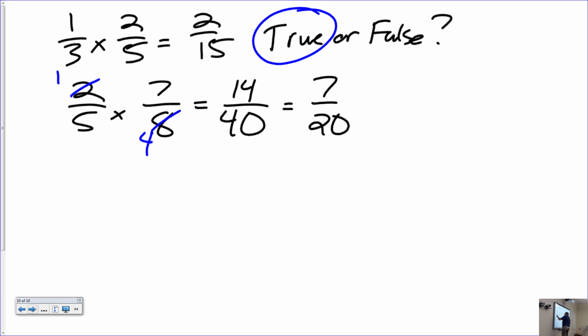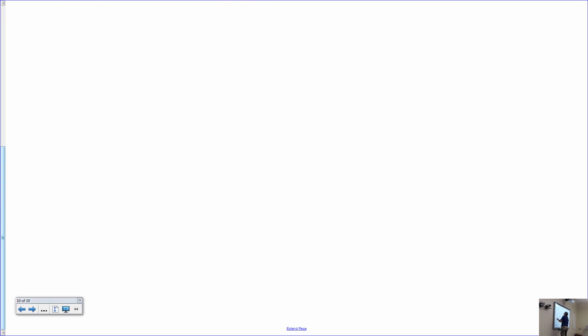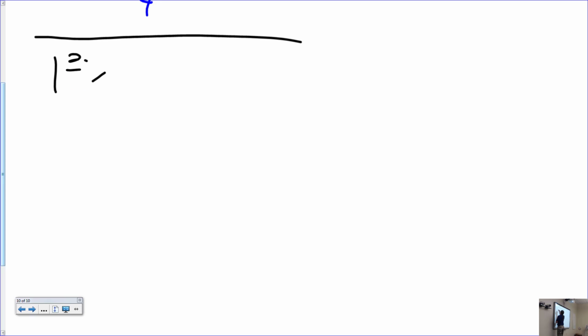So what happens if you have to multiply mixed numbers? What is 1 and 2/3 times 2 and 1/5?